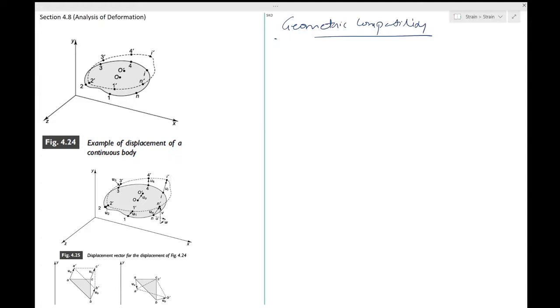One of the things about geometric compatibility of a continuous body is that no voids are created. If you have, say, a piece of paper or a piece of solid, whatever works, and you have applied certain loads on it, it can definitely deform.